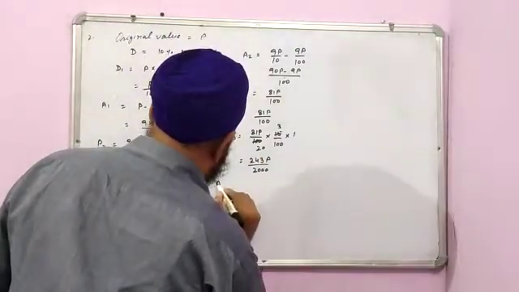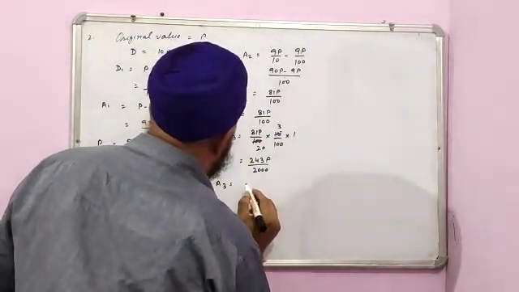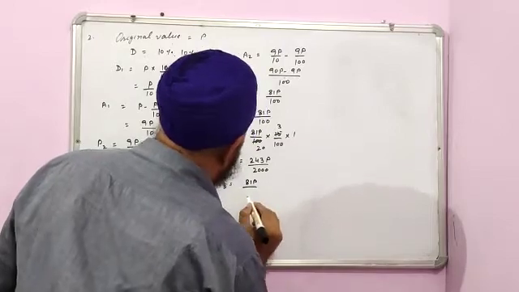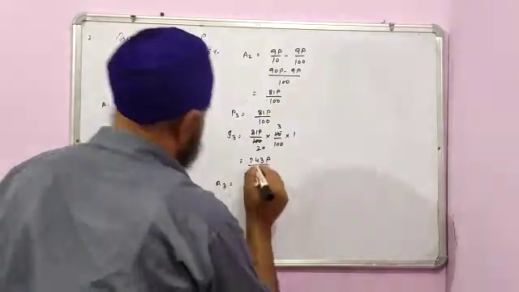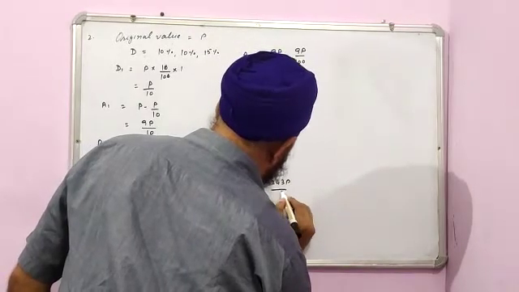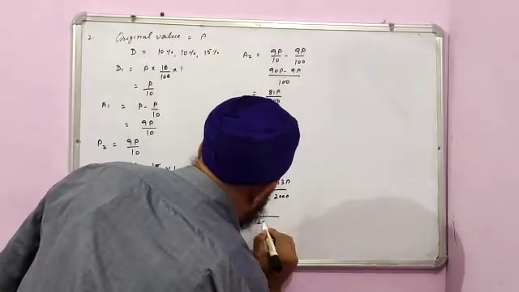So amount for third year will be principal 81P upon 100, and this interest is subtracted, 243P upon 2000. We take LCM.